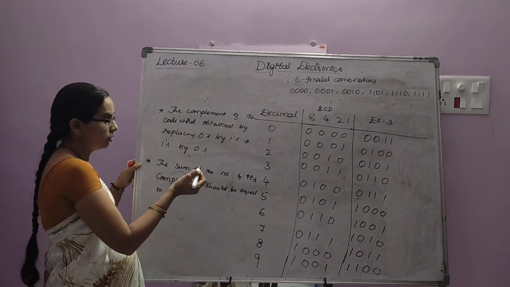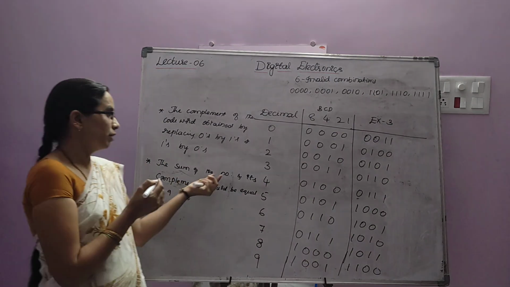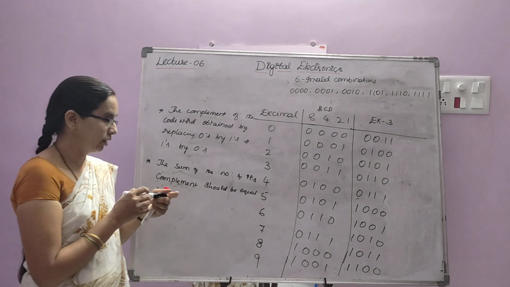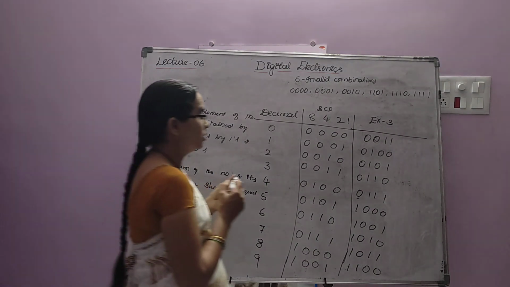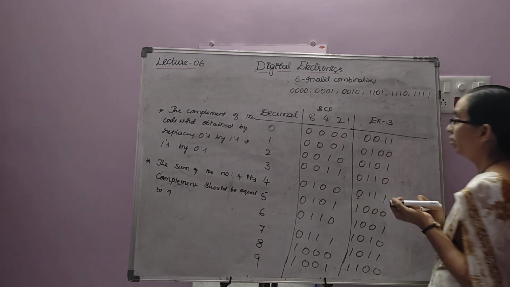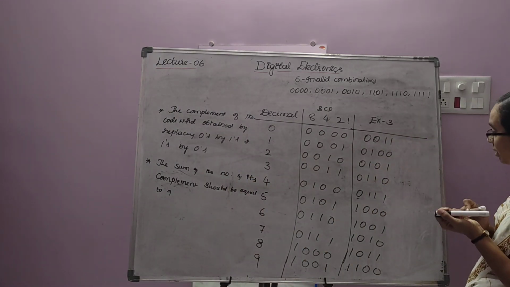That is the sum of the decimal equivalent of the number. You have to take here. See, here in XS3 code, we have a complement for each code word.